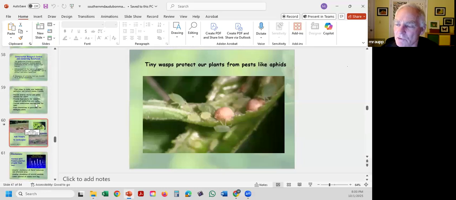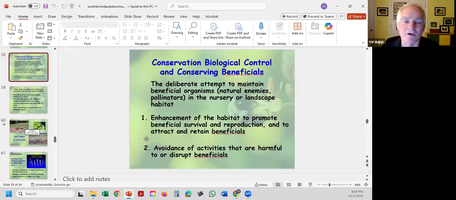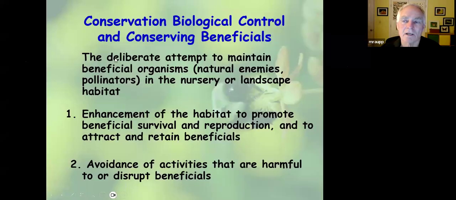So what then can you do? What are some of the things you can do to have these benefits that I've talked about provided by these natural enemies? We call this conservation biological control, and it is a deliberate attempt to maintain these natural enemies, these pollinators, in our landscape nurseries.